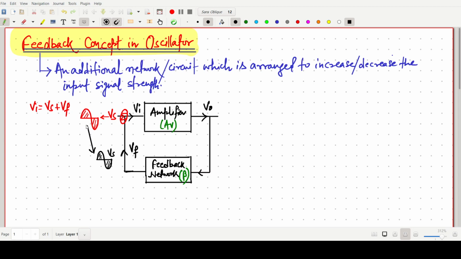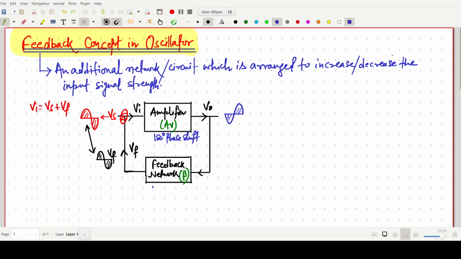In addition, one more thing: when both Vs and Vf are in the same phase, suppose this amplifier is giving a 180-degree phase shift. So the output of this amplifier will have a 180-degree phase shift.